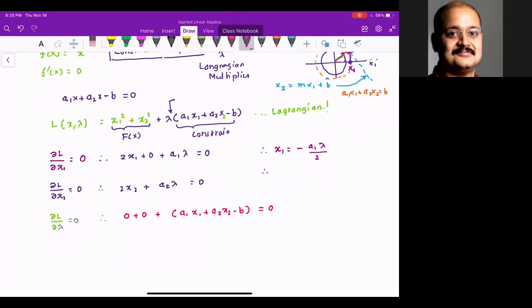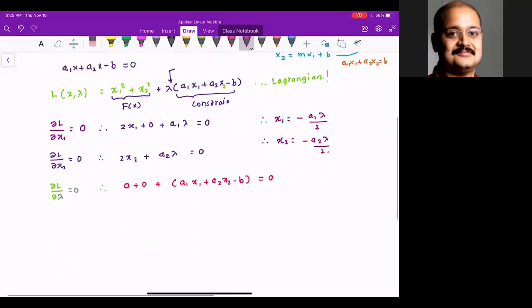So x1 is minus a1 lambda by 2, x2 is minus a2 lambda by 2, and then you can substitute these values: a1 times minus a1 by 2 lambda plus a2 times minus a2 by 2 lambda minus b is equal to 0.